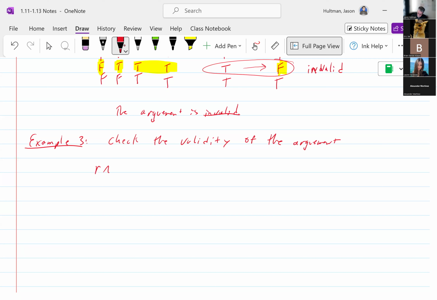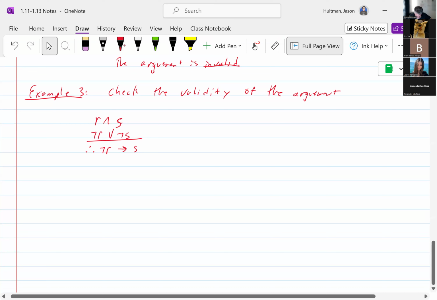Okay, R and S, not R or not S, therefore, not R implies S. Okay, let's think about the validity of this.